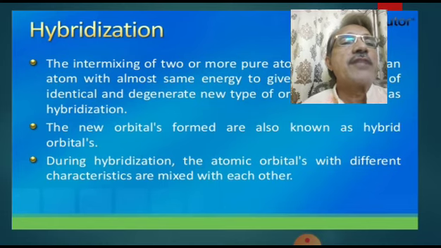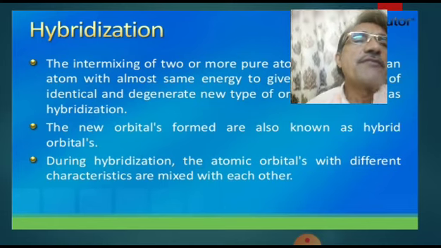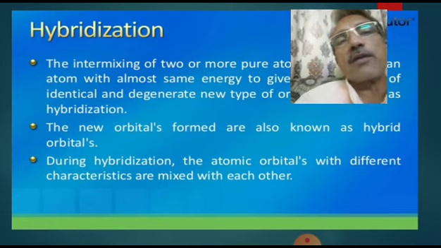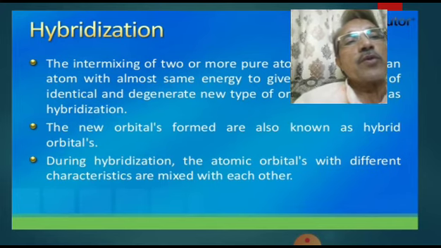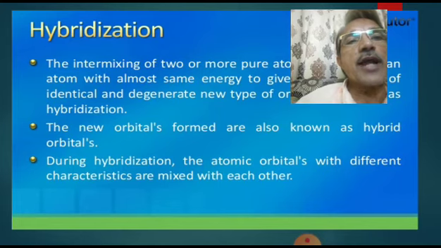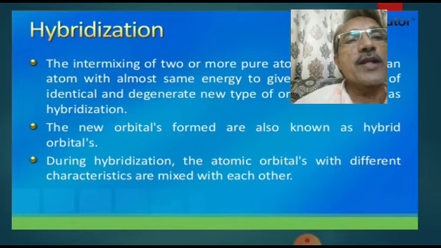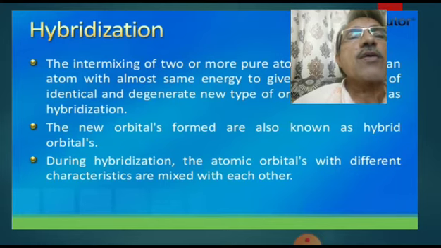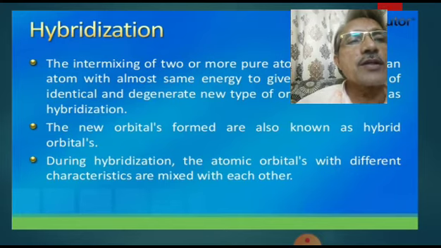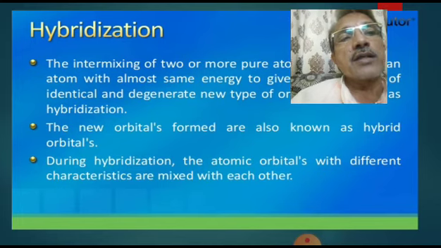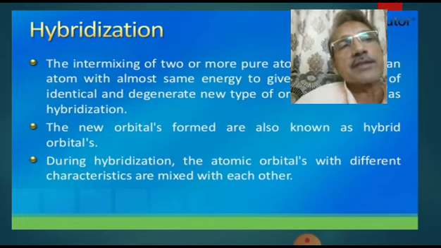This is the definition of hybridization. The phenomenon of intermixing of two or more pure atomic orbitals of an atom with almost the same energy, giving rise to an equal number of new orbitals of equal energy, is called hybridization. The new orbitals formed are also known as hybrid orbitals.